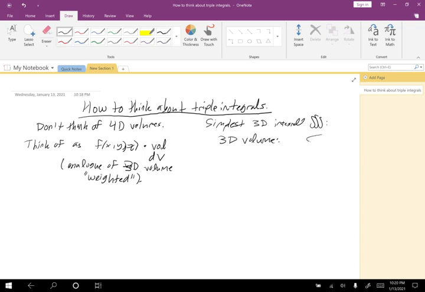If you have some surface z of xy and you want to find the volume under that surface, then the volume is the double integral over r of z. Let's just assume the bottom surface is 0, just to make things easy. Z of xy dA, right? So if z was positive, this was the interpretation we were using for double integrals.